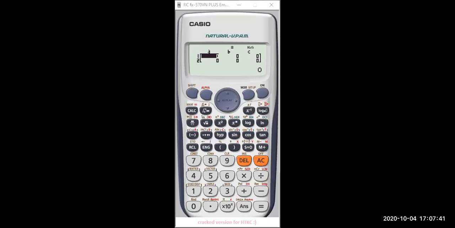Then what are the values? 14, enter, minus 5, enter, then the last value, 50, enter. First equation, 14 minus 5, 50.